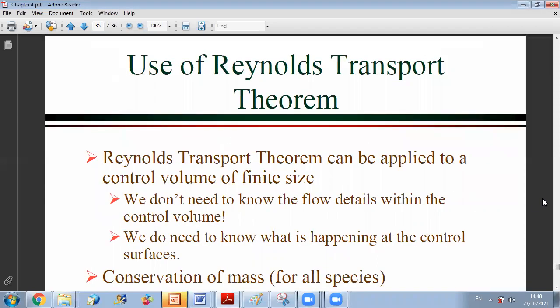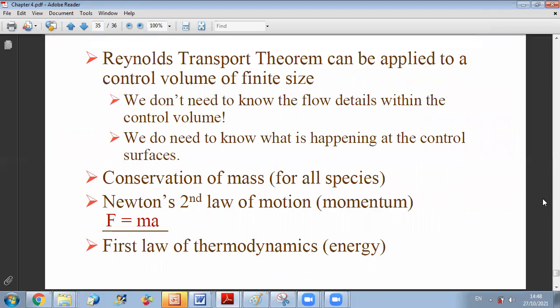Okay, so this is the end of this chapter. This chapter will be an introduction for the next chapter, because the Reynolds transport theorem can be applied for different variables. As I told you, today we applied it for b equal 1, and we got the conservation law for mass. Next time we'll apply it for the case of b equal to the velocity.